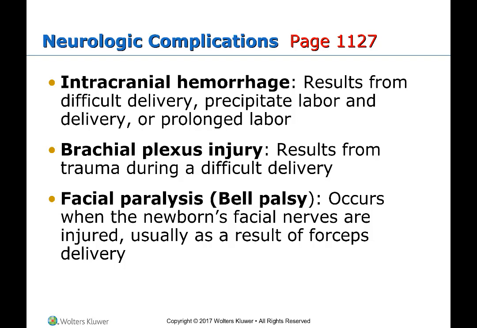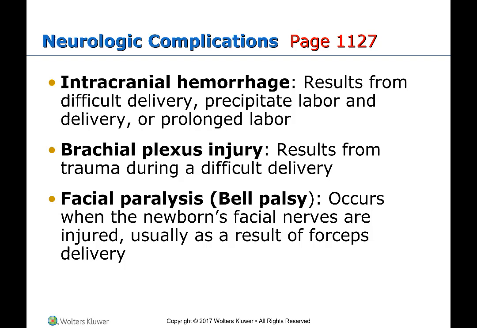The arm would lie limply at the side, but the grasp reflex is present. So it could grab your finger, but it could not move its arm up. If it was a lower plexus injury, then it would have symptoms in the hand and forearm, and the grasp reflex would be absent. So you don't need to have all these memorized. Just know that this is what? Nerve injury.